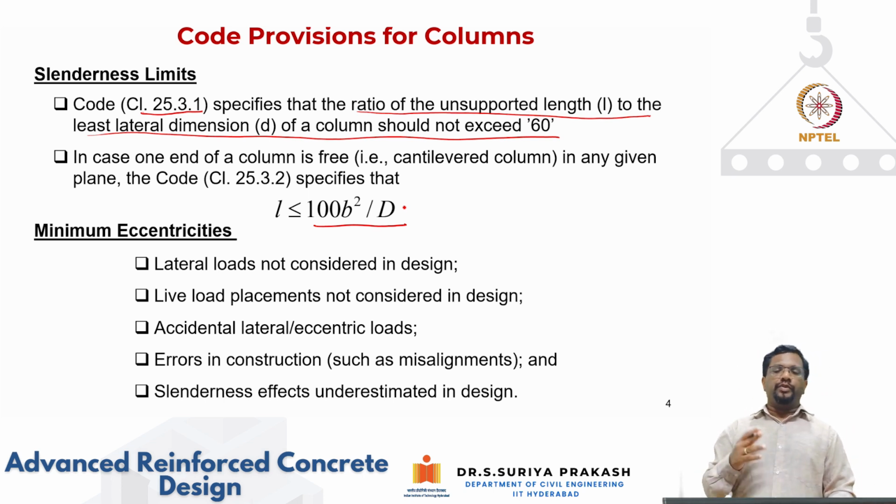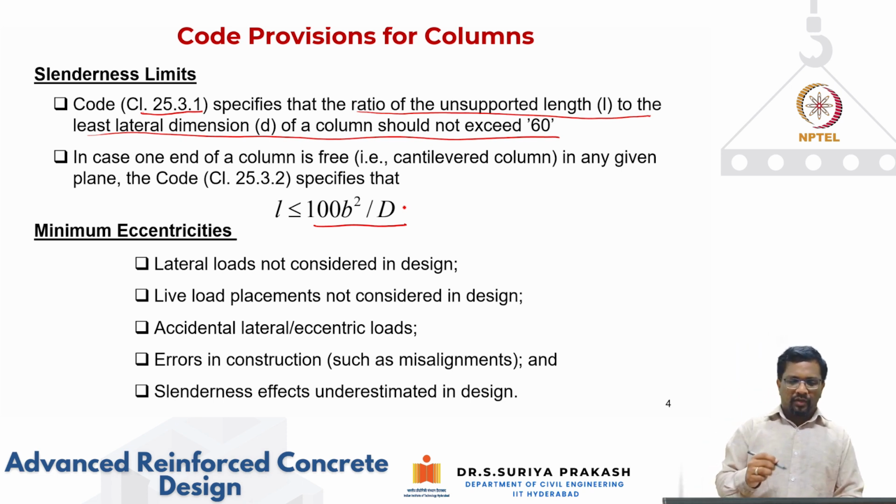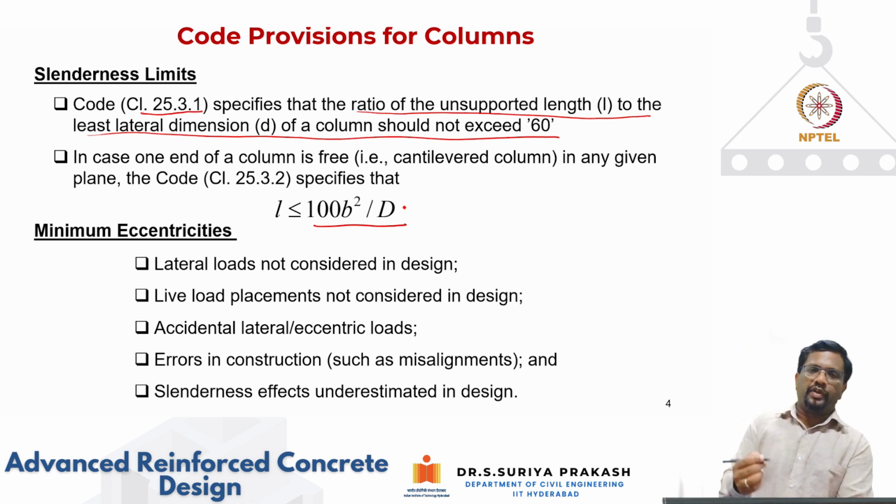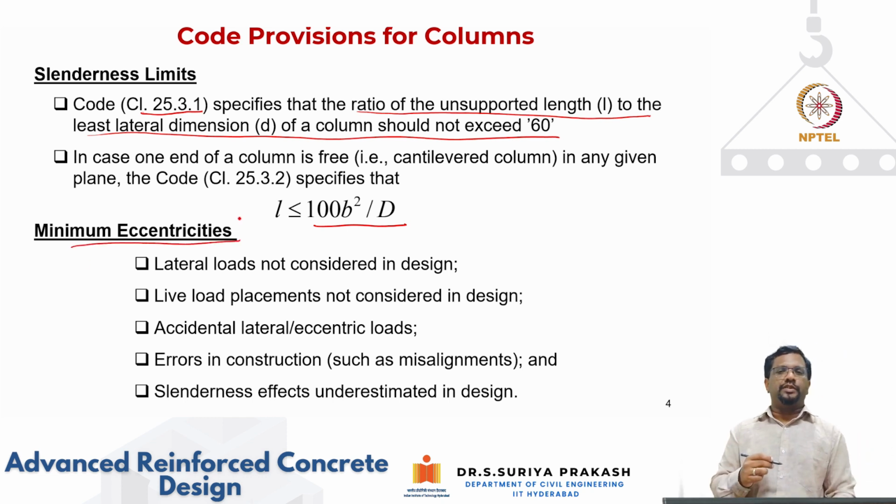Okay, so these are slenderness limits. Now let us see, though we are talking about pure axial compression, columns are never subjected to only pure axial compression. They will always have some bending moment. So why do we need to consider minimum eccentricities in design? We consider the effect of this bending moment by considering minimum eccentricities that are going to come in the load transfer.